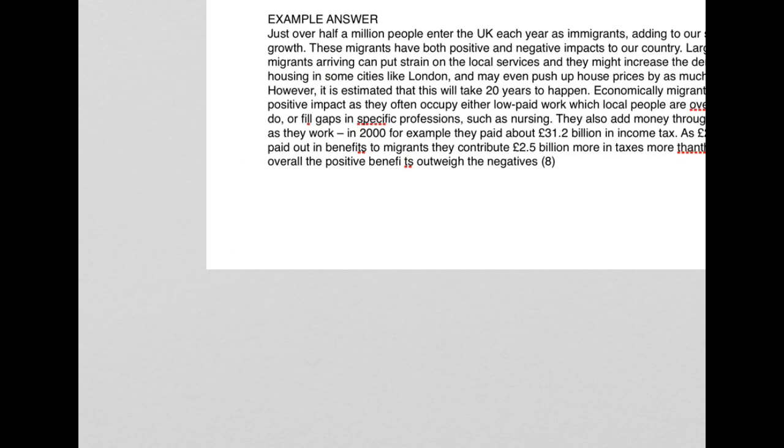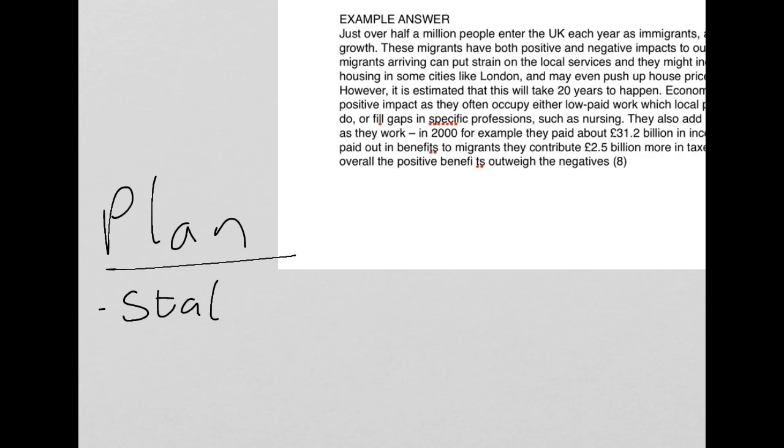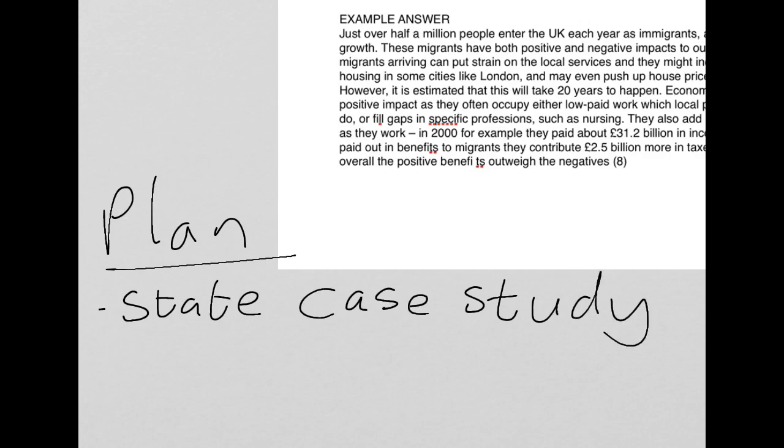If we come across to here, we should be able to produce a plan of an example answer for this question. First thing for any of these case study questions is that we are going to state our case study. In this case, that is the UK.